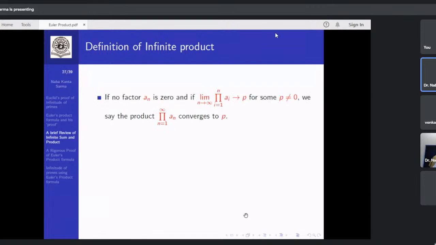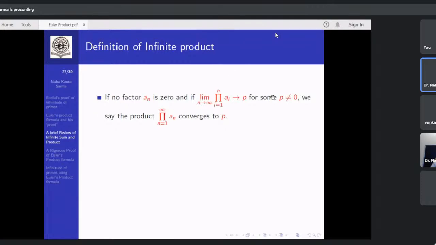So keeping this in mind, let us try to define the infinite product like this. Suppose none of the factors is 0, and suppose the partial product converges to a number P, where P is non-zero, because 0 has some problem as we have seen. So that is the ideal case.